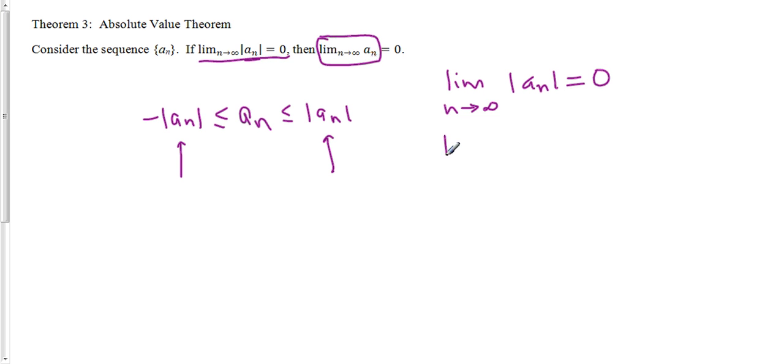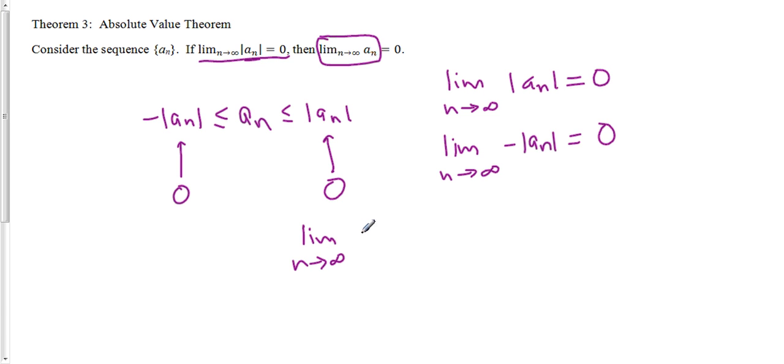And it's not too much of a stretch of the imagination to see that the limit as n goes to infinity of negative absolute value of a_n is also going to be 0. So now I've found the limits of these two outside sequences as n goes to infinity. And the sandwich theorem tells me that the limit as n goes to infinity of a_n will also have to be 0. And that is what this theorem is trying to tell us.